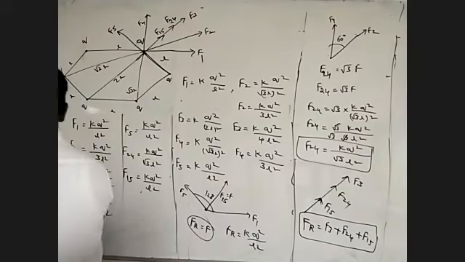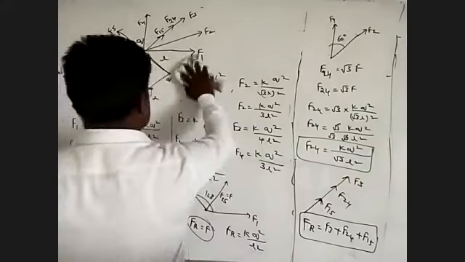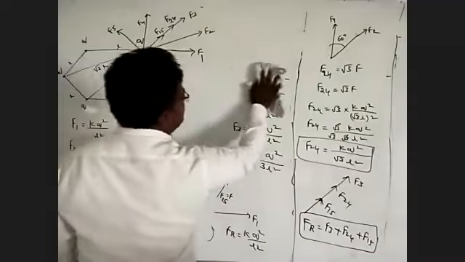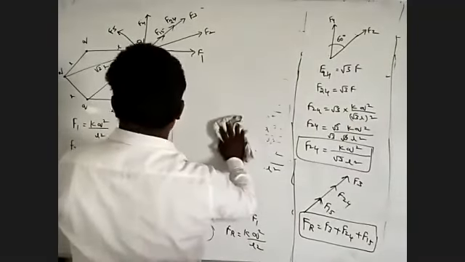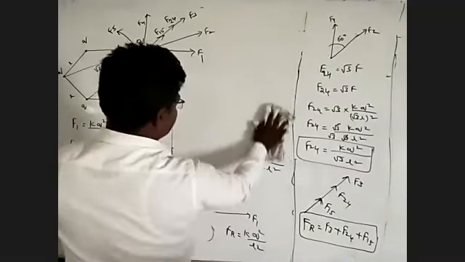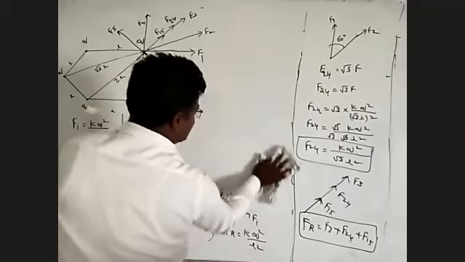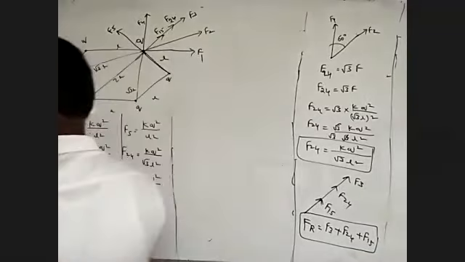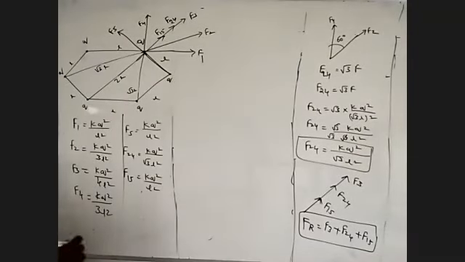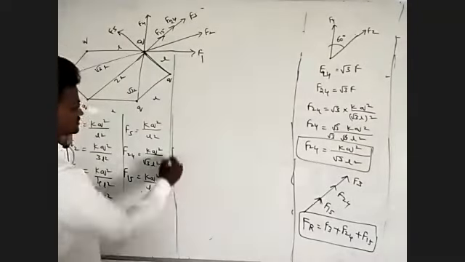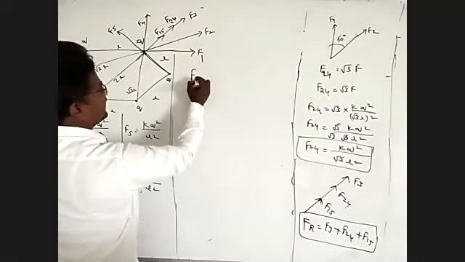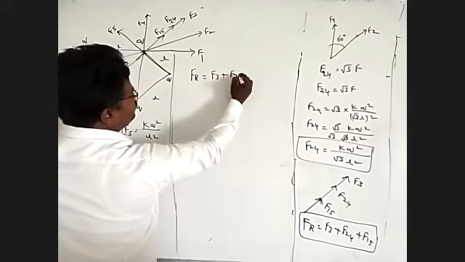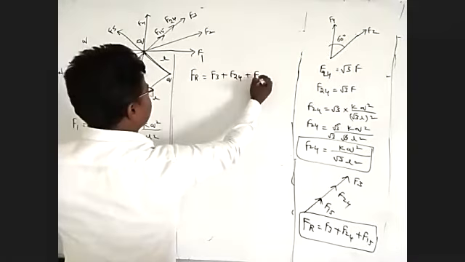Now, what we have to do, our target is to find the resultant force acting on any corner charge. The resultant force is equal to F3 plus F24 plus F15.